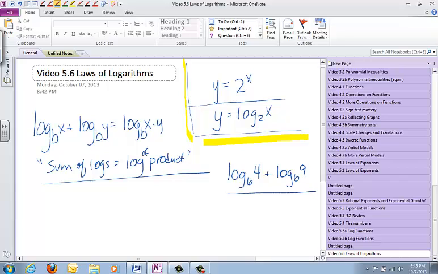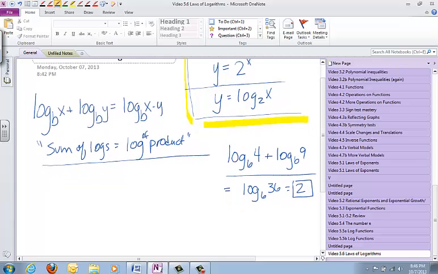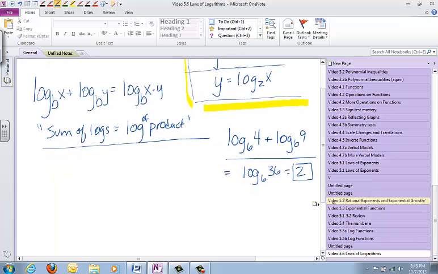What power of 6 gets me to 9? But if we use this property, the sum of the logs is equal to the log of their product, well, now I know that the power of 6 that gets me to 36 is 2. Okay? So we can take what looks like a really challenging problem and change it to an easier one that we can solve without a calculator.